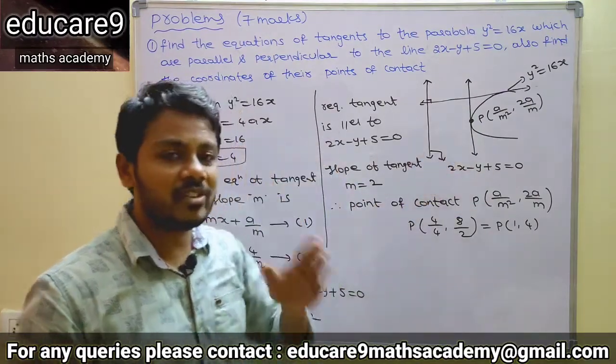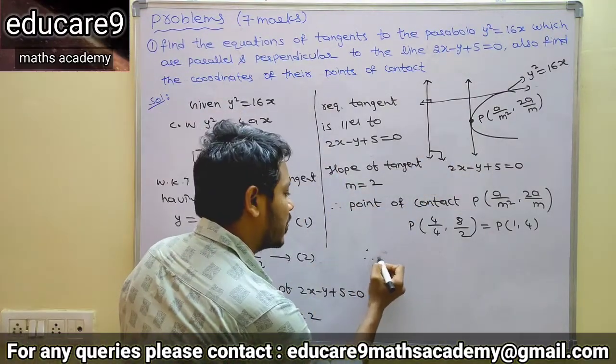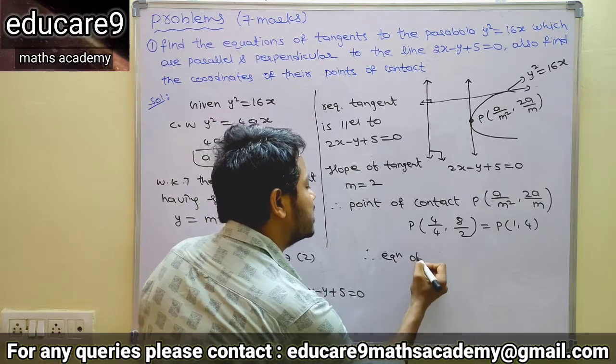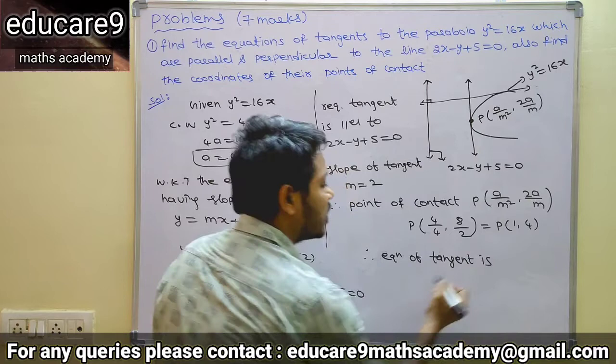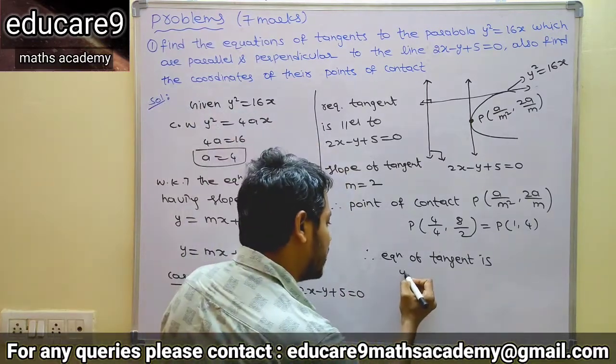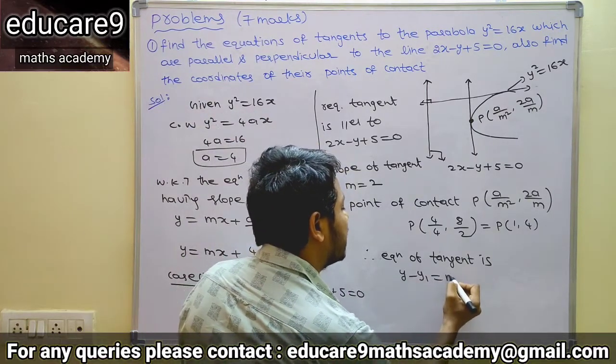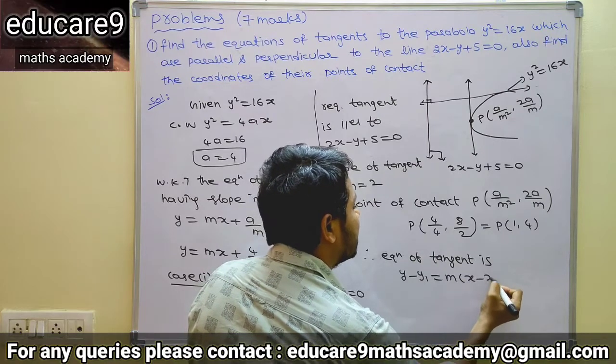Therefore the equation of the tangent is y minus y1 equals m of x minus x1.